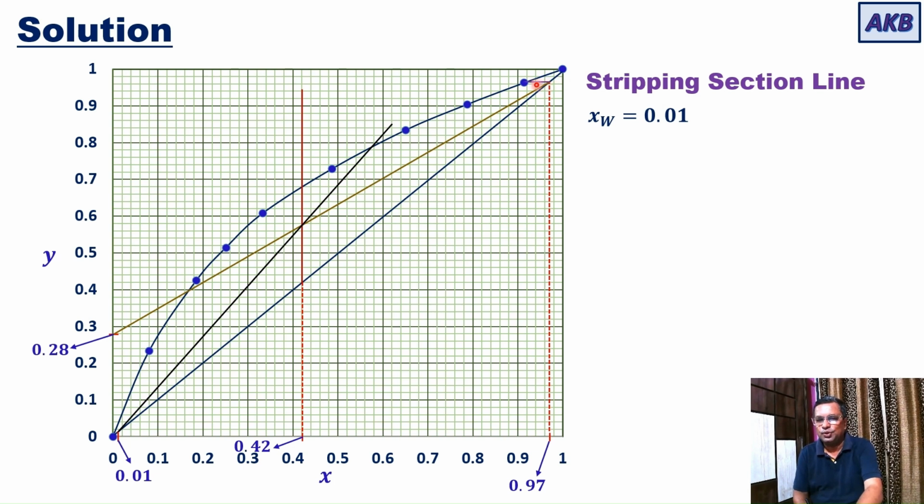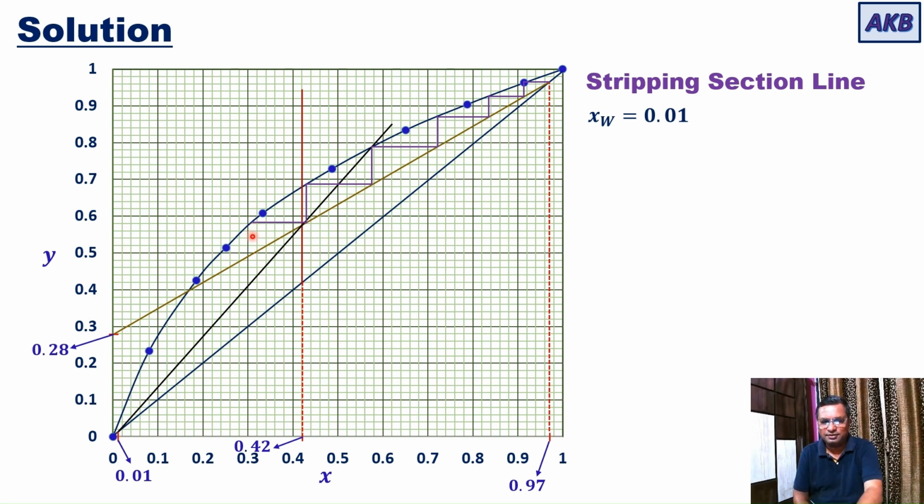So I will be traveling a horizontal distance till I reach the equilibrium curve, then a vertical distance till I reach the rectifying section line, then horizontal, then vertical, and so on, alternating between the equilibrium curve and the rectifying section line.